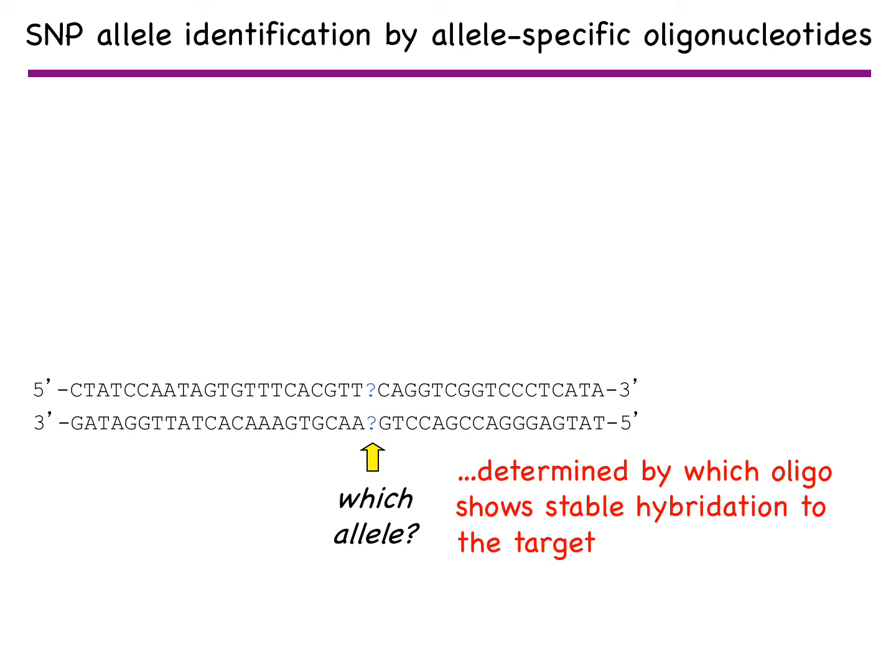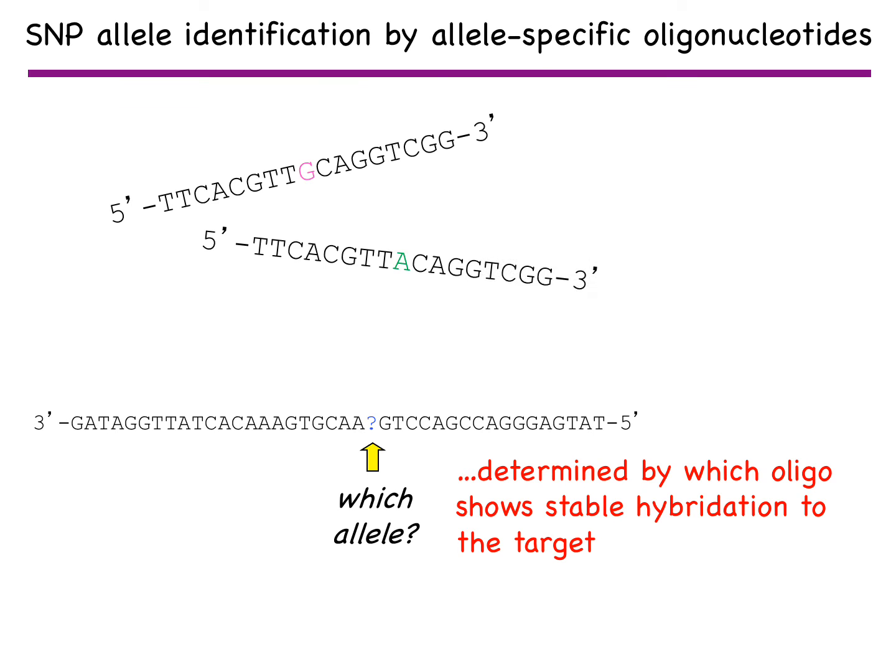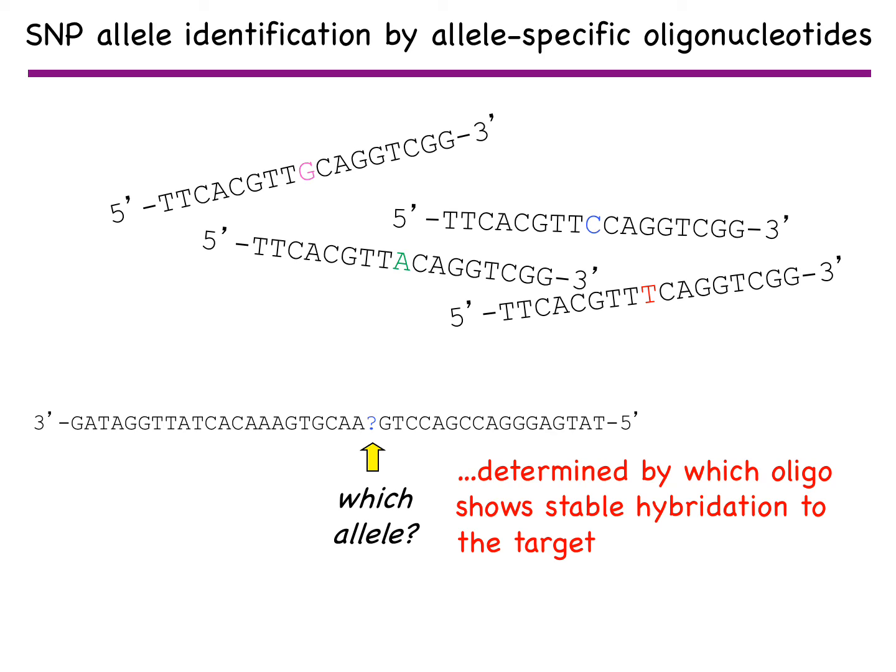Okay, so for example, let's talk about this sequence here. Let's say that there's a site in this DNA sequence designated by the question mark that varies in the population. You might not even know what sequence is present there, okay? And you can determine what that sequence is if you generate 4 different probes. So let's say we denature the DNA, and we generate 4 different probes that are complementary to the sequences that we do know, but they vary in that one base that's present in the very middle of the oligonucleotide.